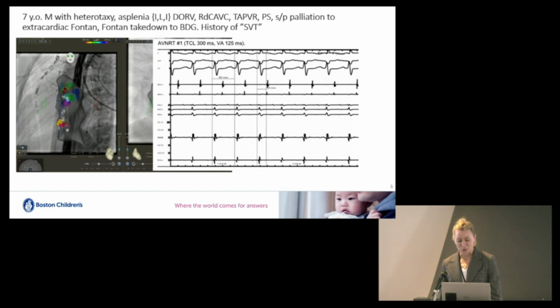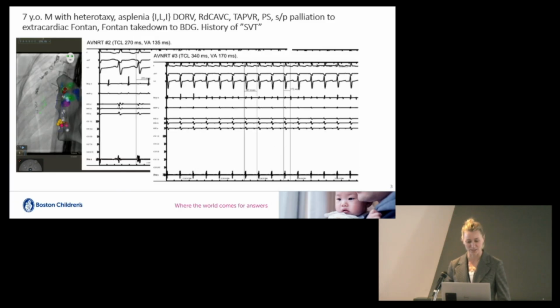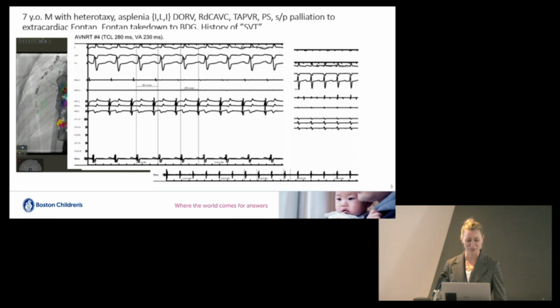And what was interesting, and so typically humbling of taking care of patients with heterotaxy, especially when you bring them to the EP lab, is that we found one circuit that we called AVNRT number 1, and whenever you have a number in front of or behind the tachycardia, it tends to suggest that there's excitement to come, and indeed we had one, then we had another one, then we had another one, and then we had a 4th one.